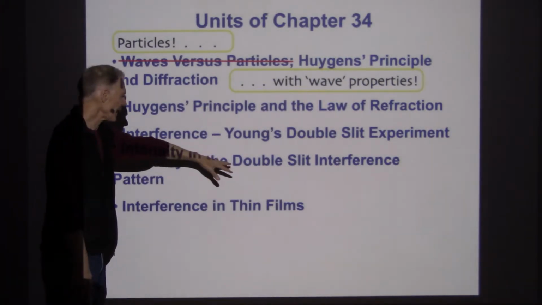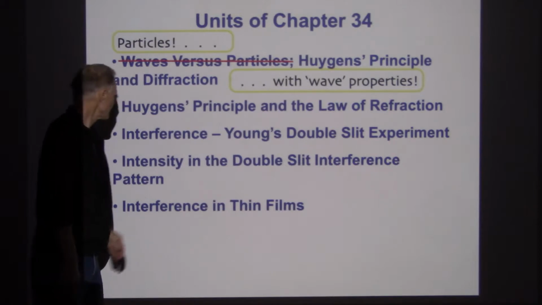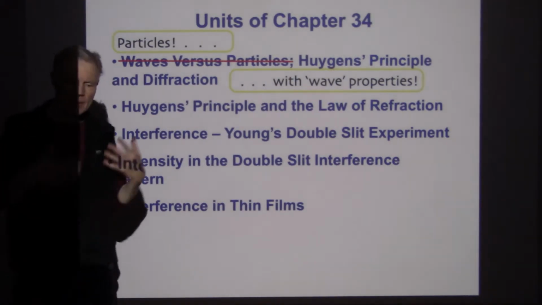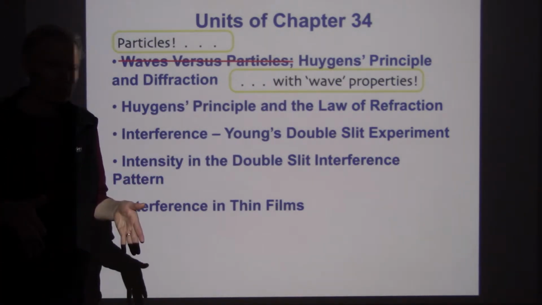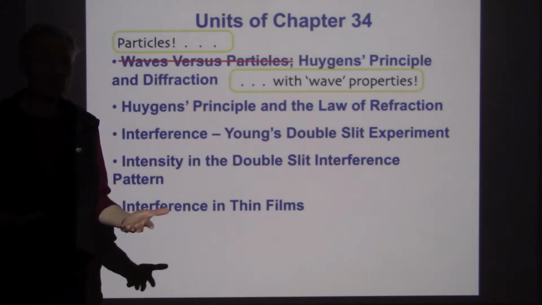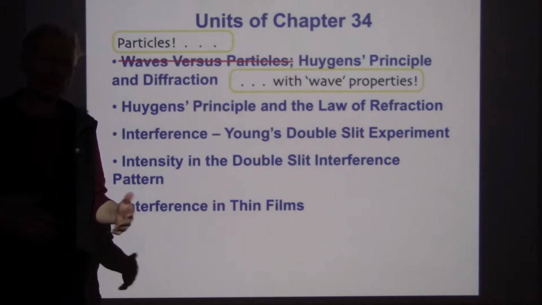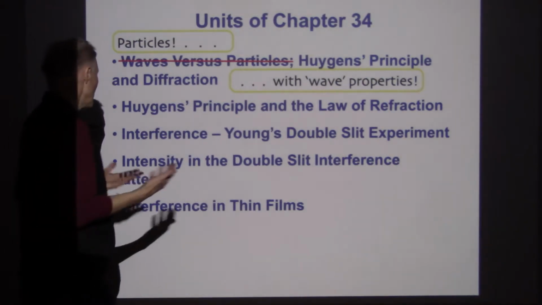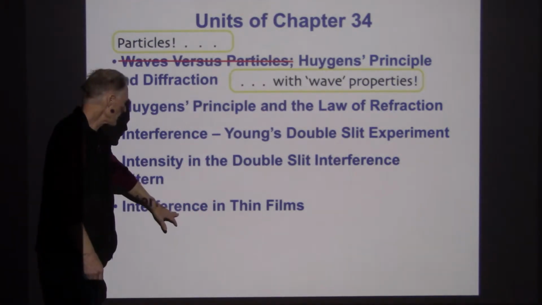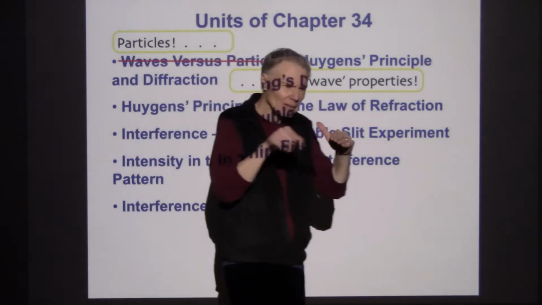And then we're going to look at what's called a double slit interference effect. That's kind of the standard starting point to try and understand what interference of light and what the wave properties really end up leading to. And it's kind of interesting. And then we're going to look at interference effects in thin layers of material.